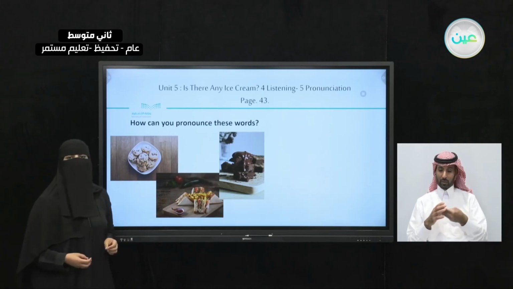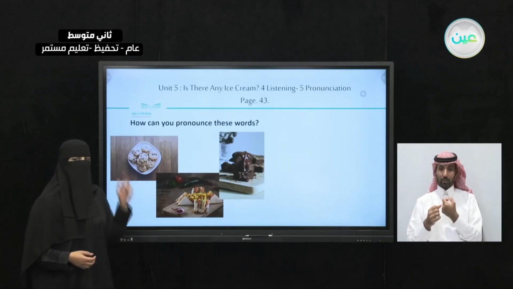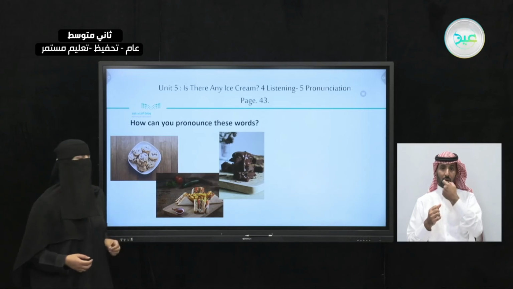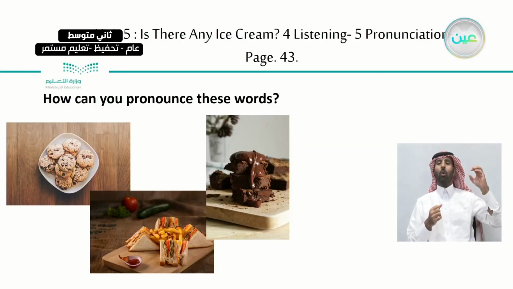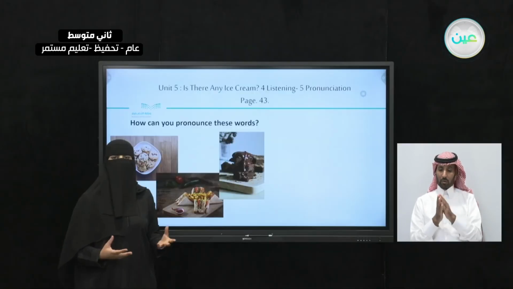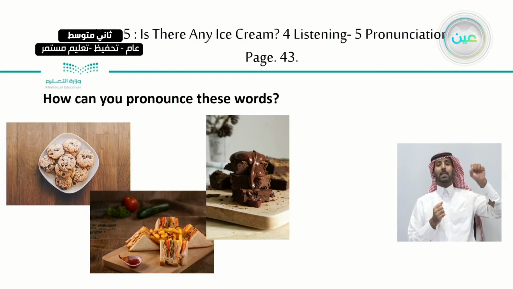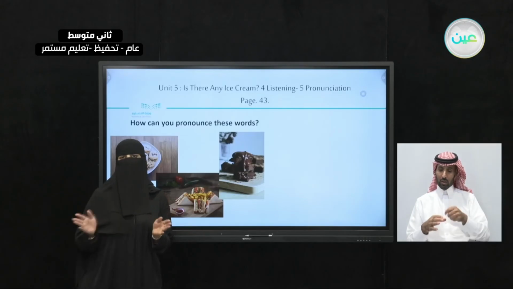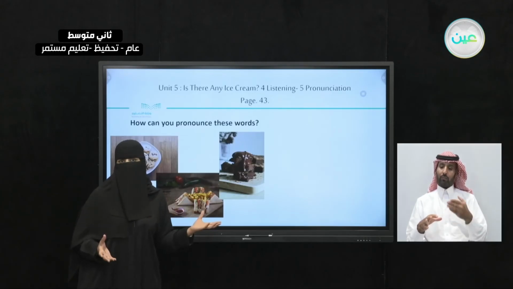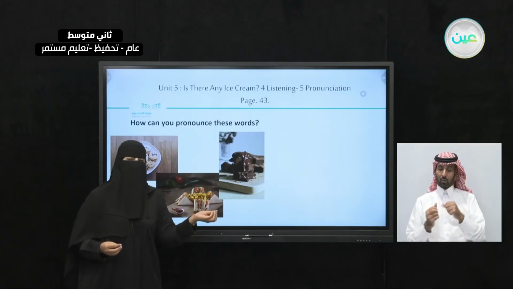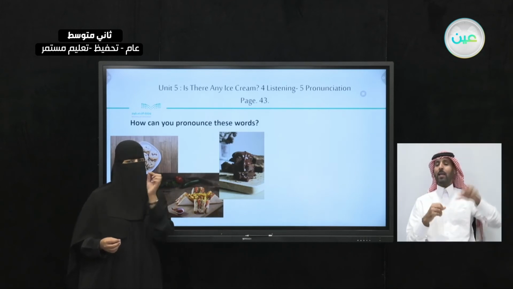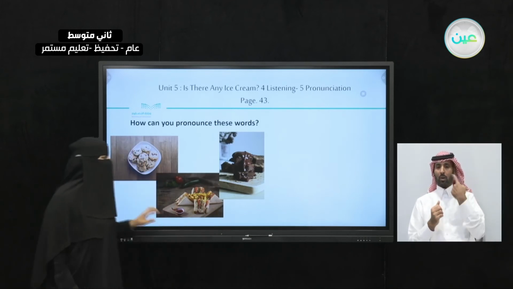Cookies, cookies. Now, did you hear the last sound? How about these? Sandwiches, sandwiches. I want you to try to pronounce it. And how about the last one here? Pieces of cake or brownies. See? All of these are plurals, but with the last sound, the plural sound, there's a bit of difference in them.